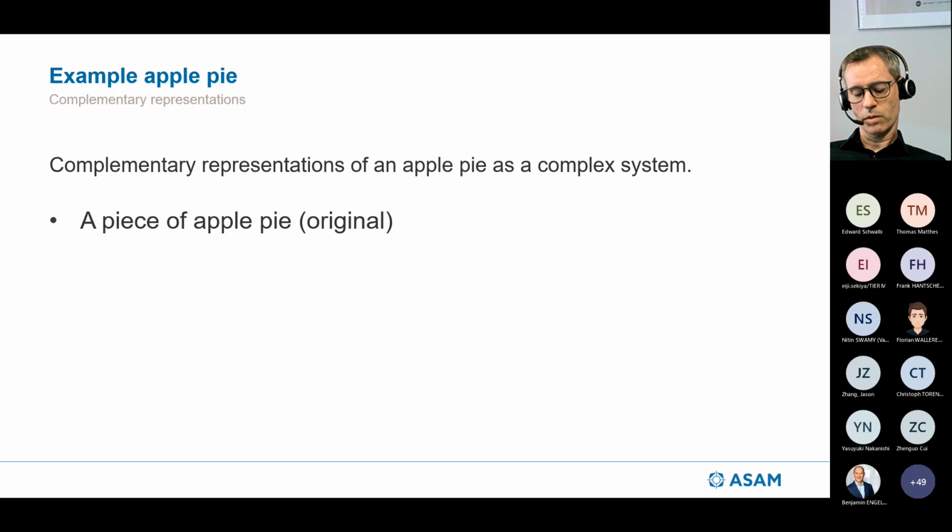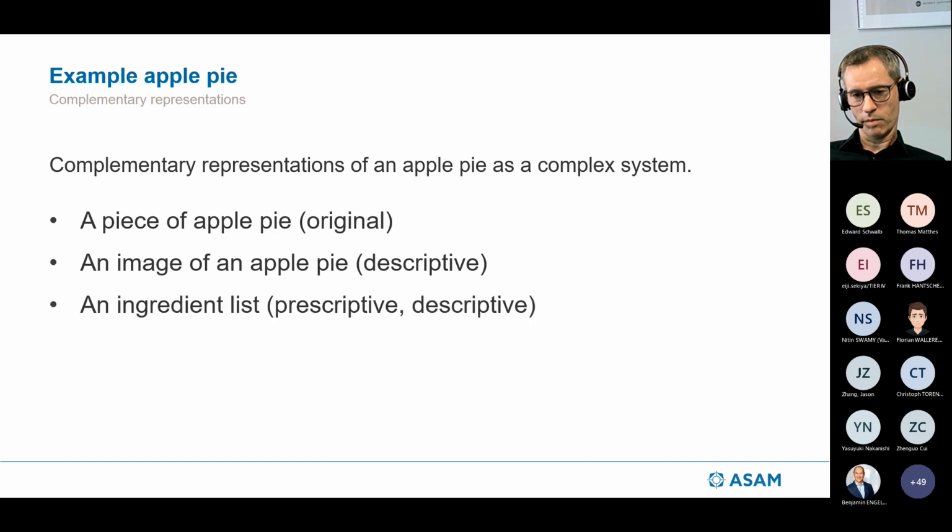Whenever you want to experience the taste of an apple pie, of course you have to have a piece of an apple pie just to taste it. Whenever you write, for example, in a newspaper about an apple pie, you might use an image of an apple pie just to make sure that people understand what you are talking about. And this is something like a descriptive representation of an apple pie.